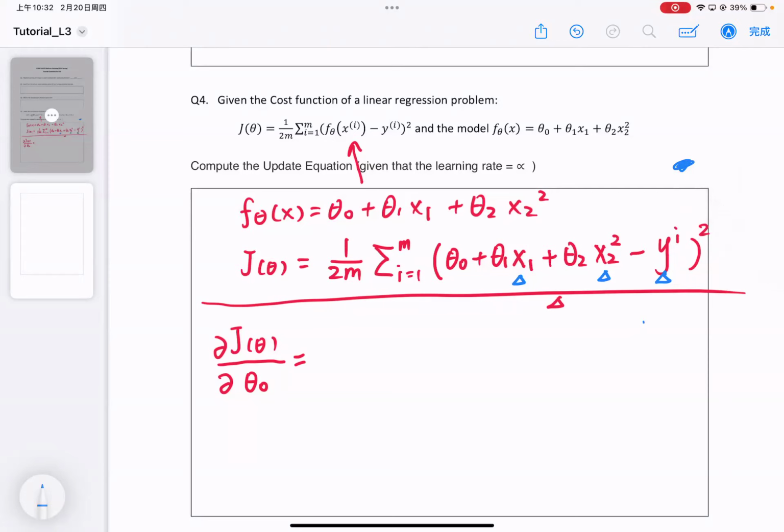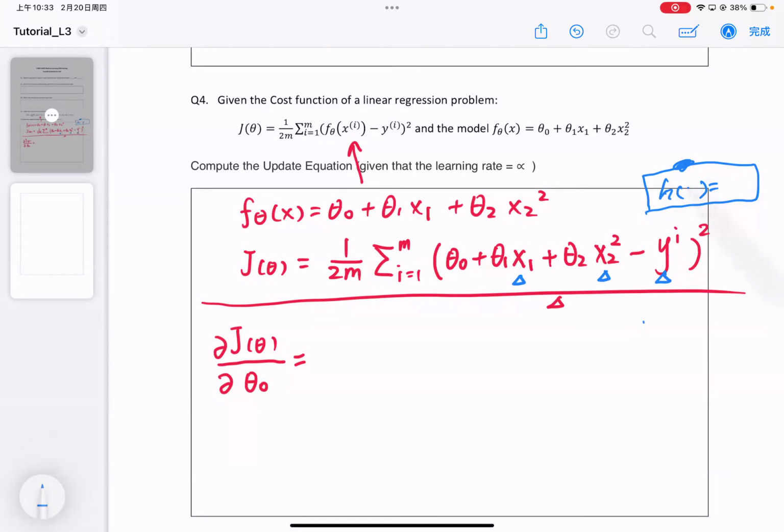It's hard to explain because we already occupied x and y.